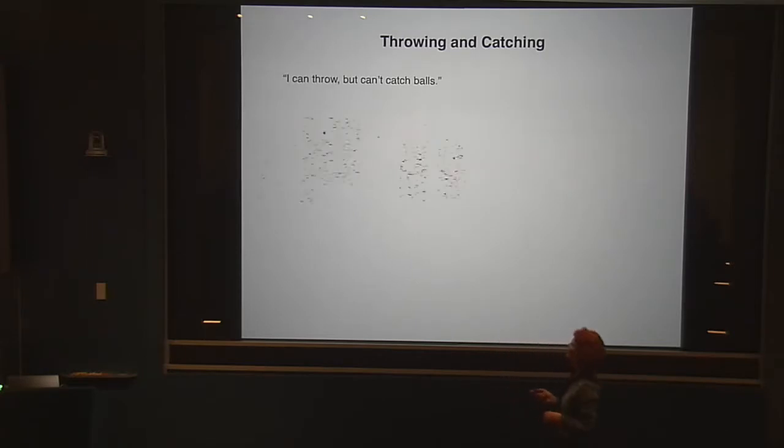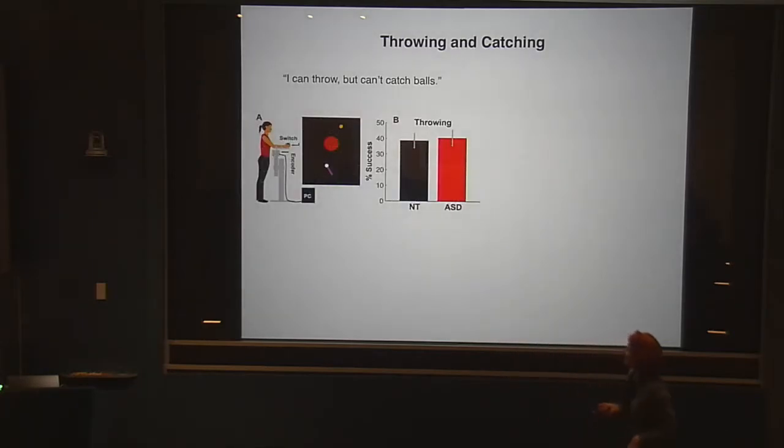So we did a first set of tests using an experimental setup where the children just threw a ball in a virtual environment. As the two bars summarize, black neurotypical children and ASD in red, their percent success in hitting a target does not differ.